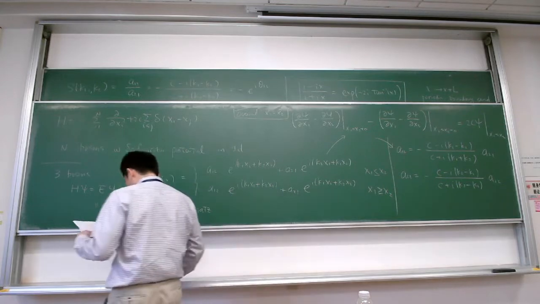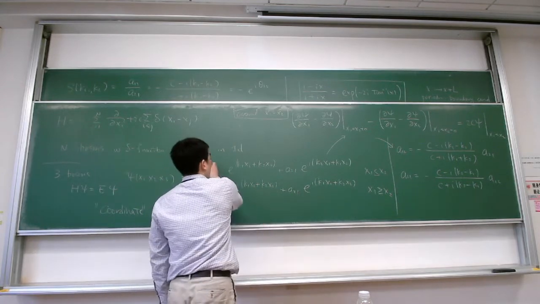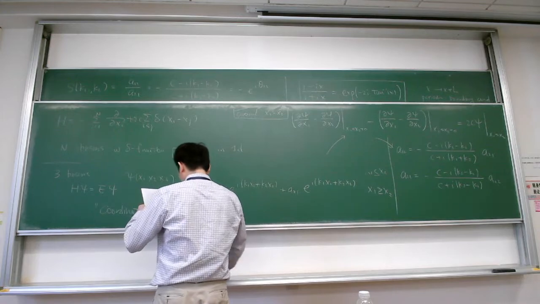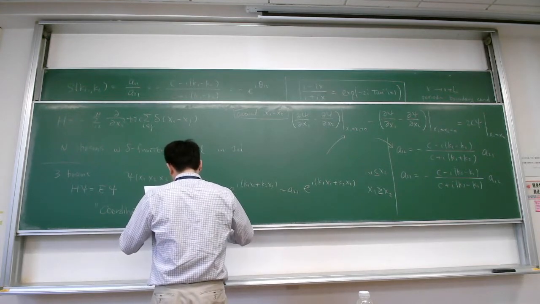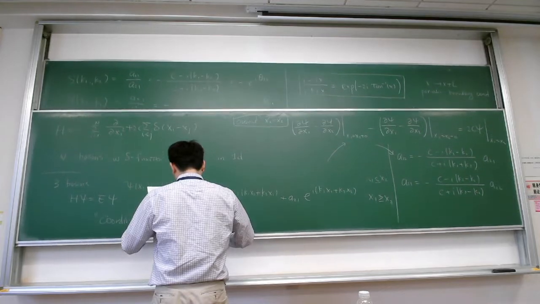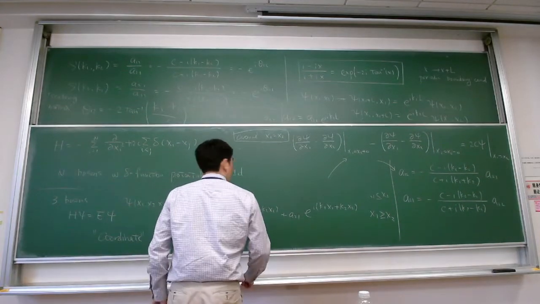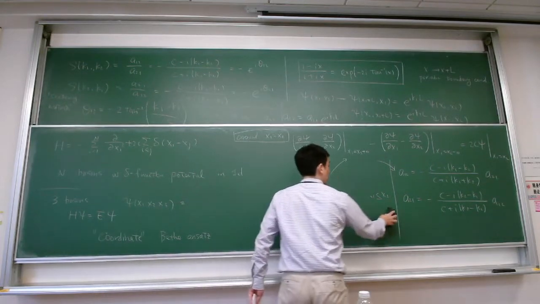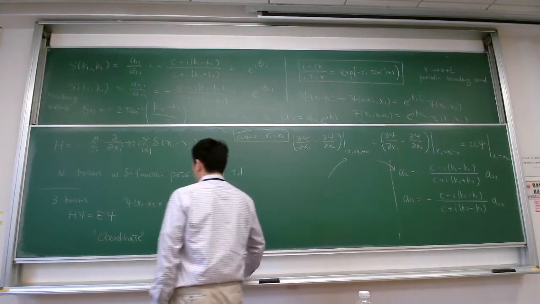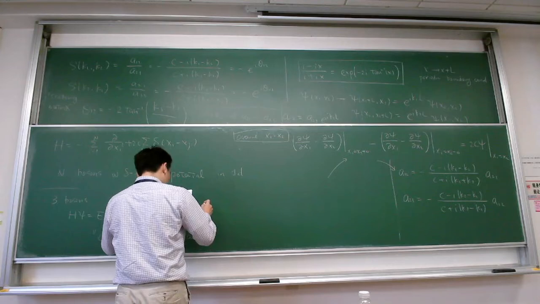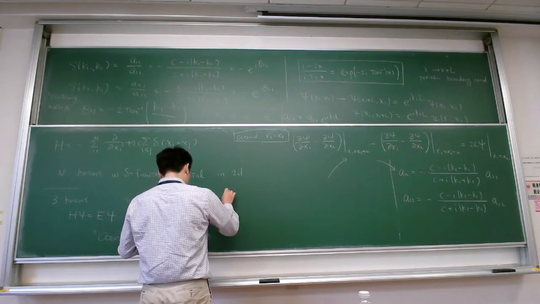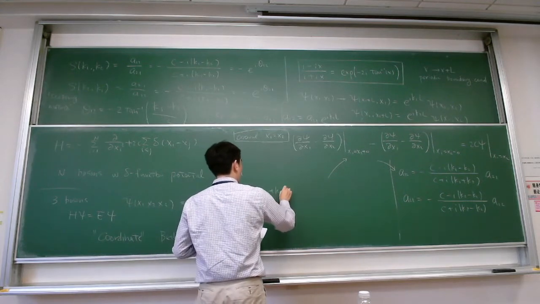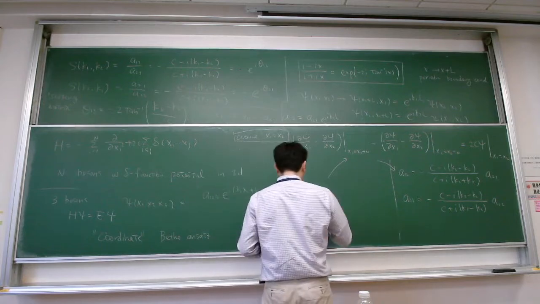Okay, we can do the same exercise. Three bosons, so we will do the same exercise. A123 e to the i (k1 x1 plus k2 x2 plus k3 x3). Okay, it's boring, but let me do the following.